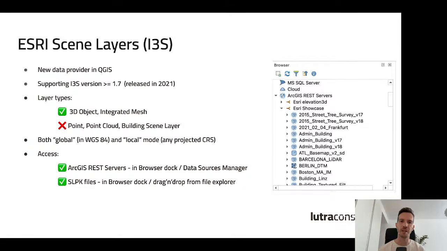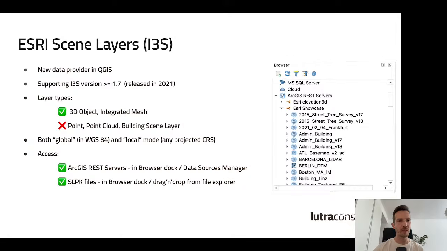This version is already about 5 years old or so, but it's still possible to find some older data sets that are from earlier versions, and those unfortunately will not load in QGIS. We decided not to support them because the technical aspects were not very sound and the protocol was not very efficient.